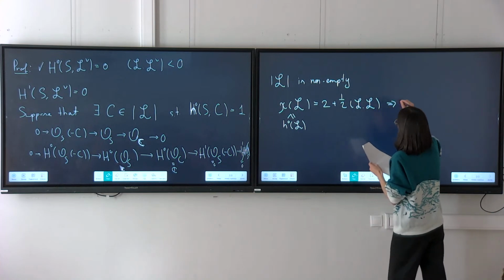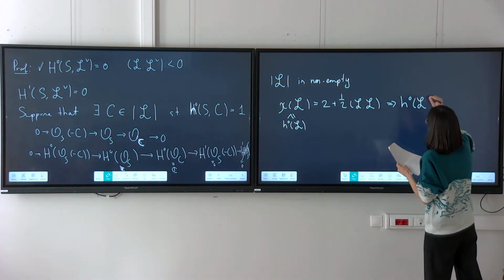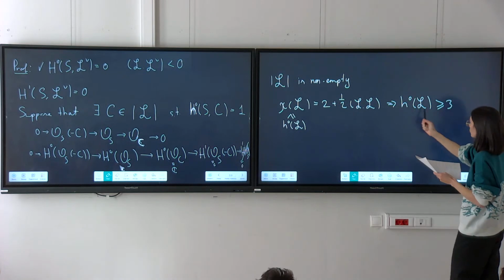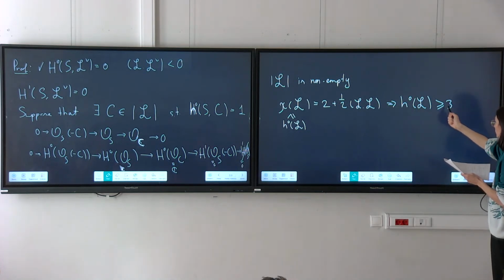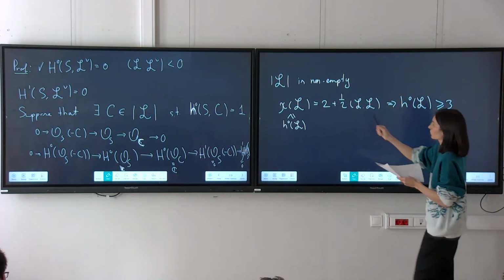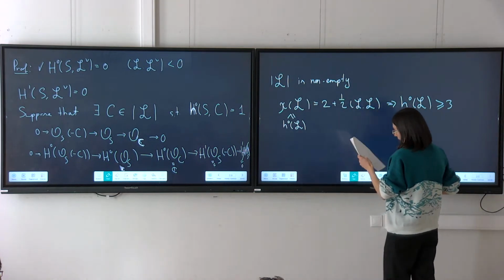So we see that this dimension is greater or equal to 3. So this linear system is non-empty.